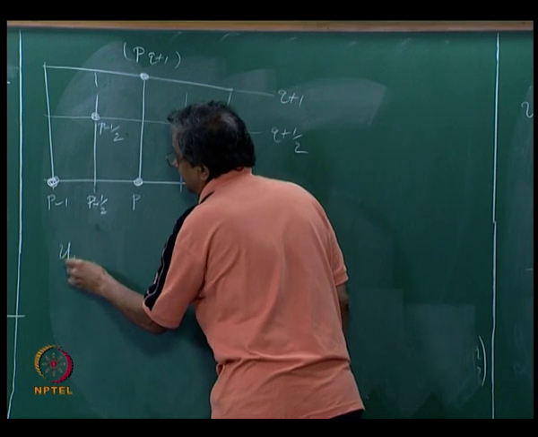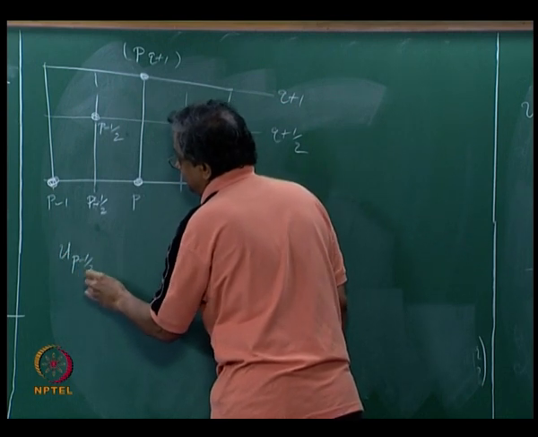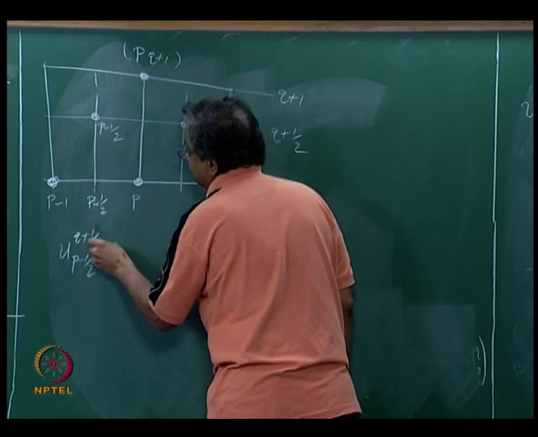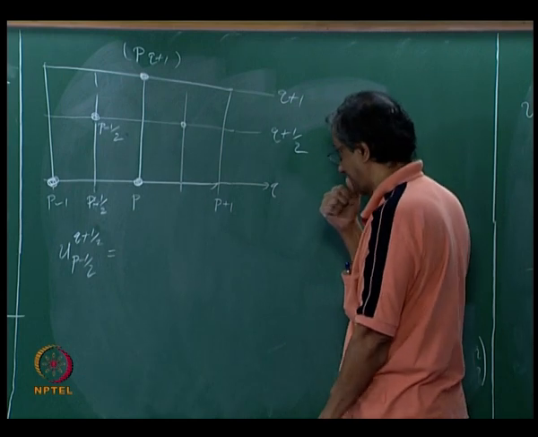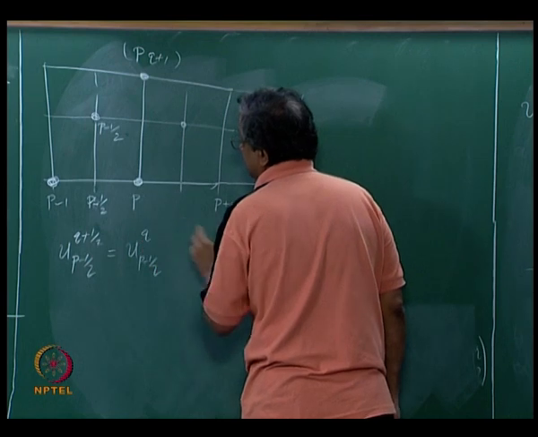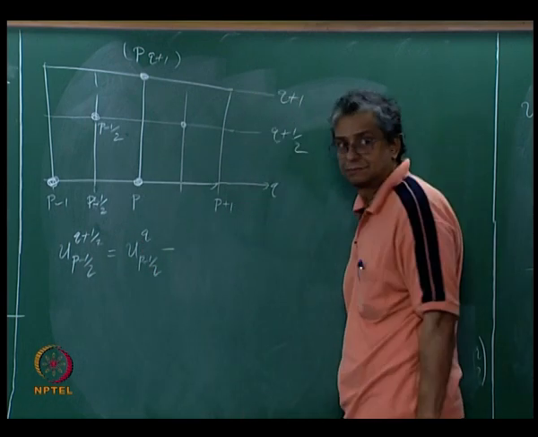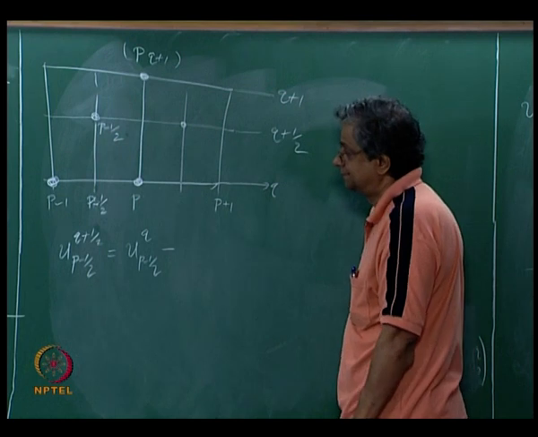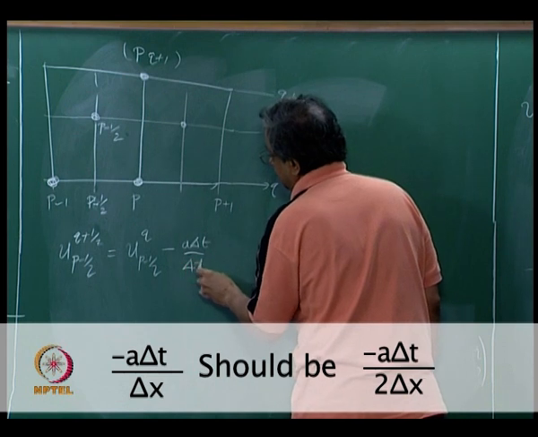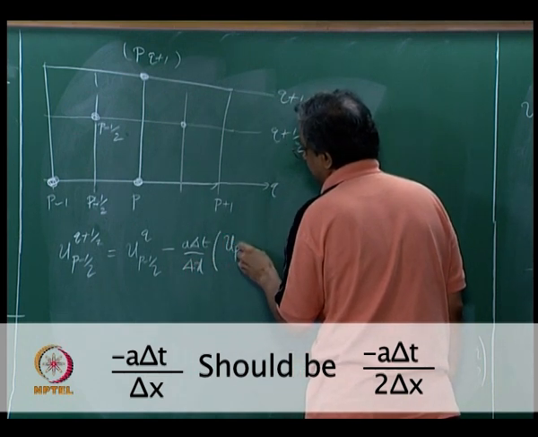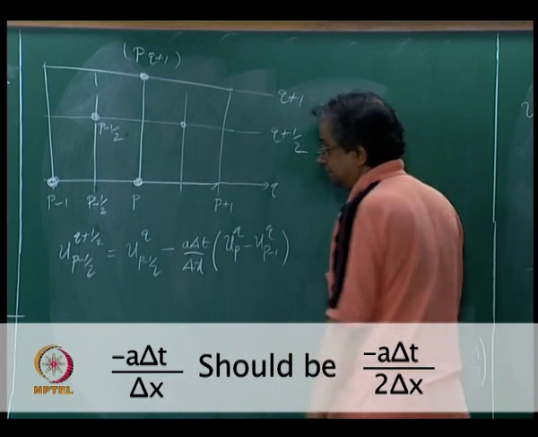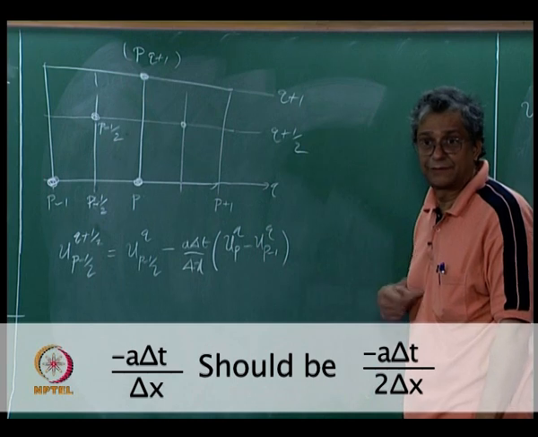So you can say u at p minus half, maybe I will go back to superscripts here, q plus half equals u at p minus half, q, minus a delta t by delta x times u_p minus u_(p minus 1), these are all at q. Is that fine, everyone?